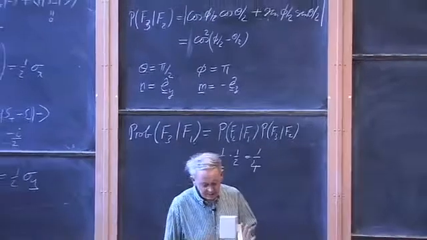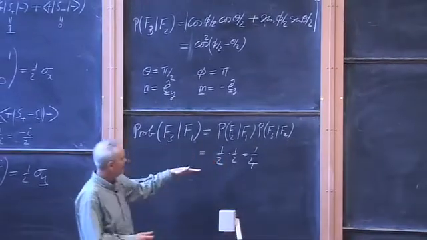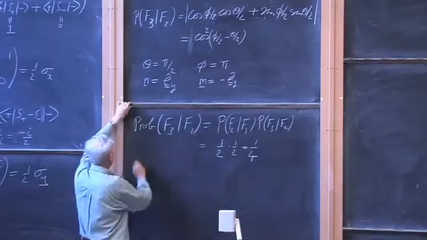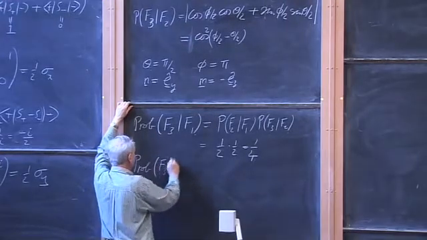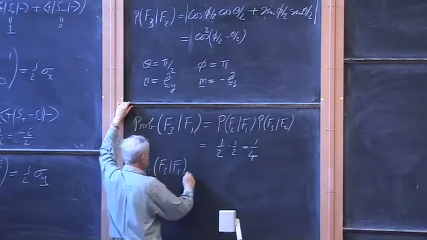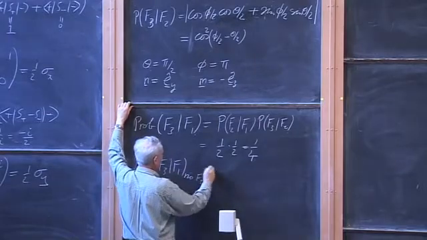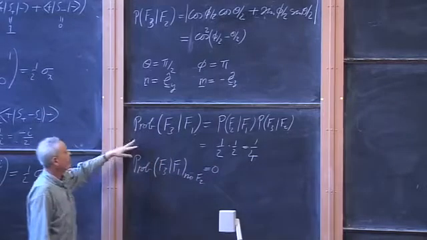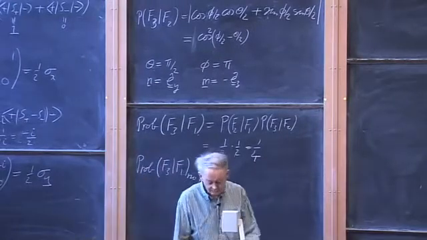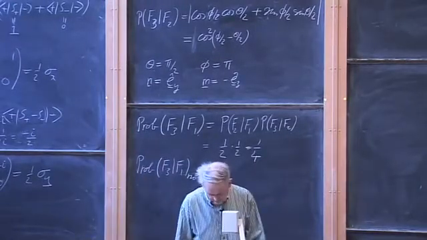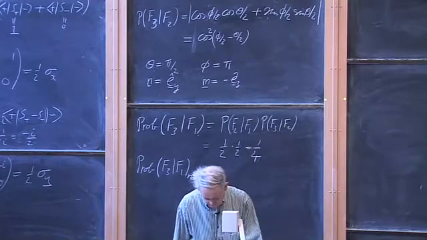This result is a manifestation of that. The probability of just doing F3 given F1 and no second filter is 0. So putting in the intermediate filter affects the result, and that's the realignment.